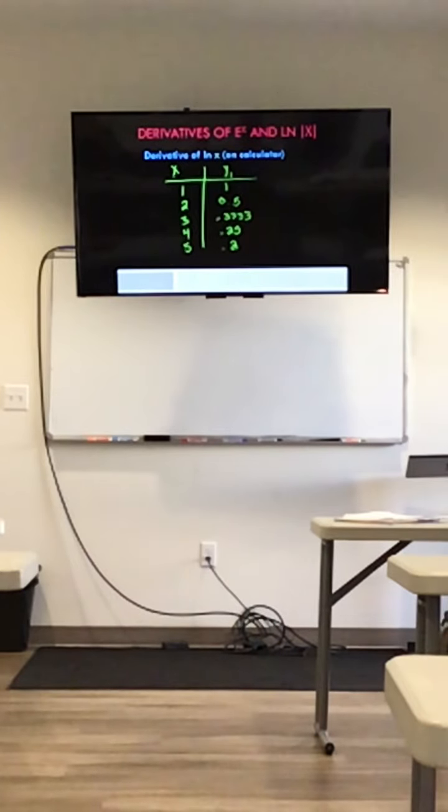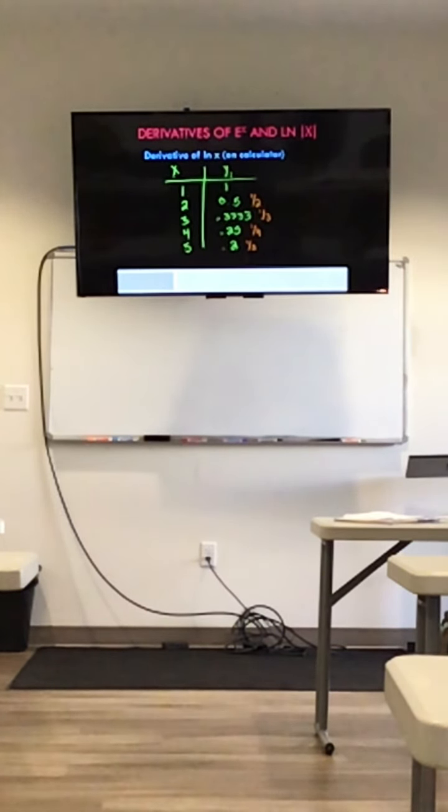So maybe if we did this, it would help us. What is 0.5 as a fraction? 1/2. What is 0.3 repeating as a fraction? 1/3. What's 0.25? 1/4. What's 0.2? 1/5.